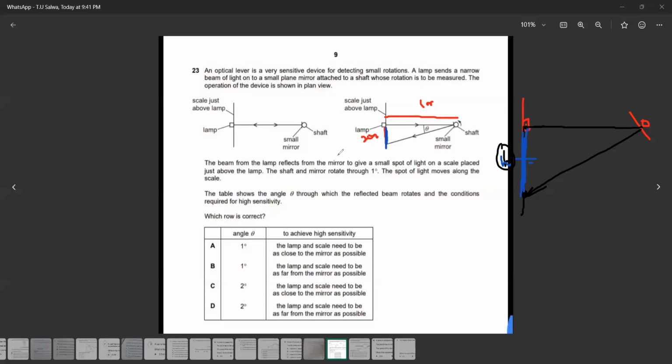So we say high sensitivity can be achieved when we move the shaft and the lamp far from each other. Like easy to measure or record. Is it clear now?